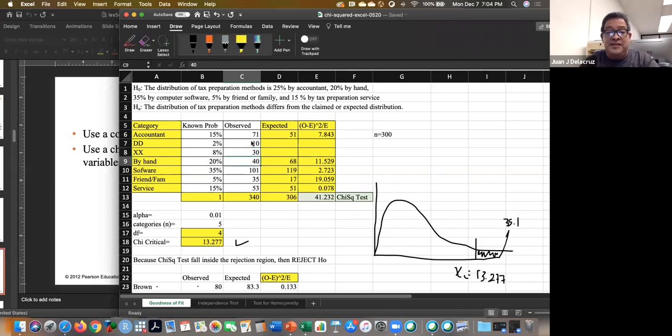So this is fictitious data. What I'm doing is I am using the same scheme to find these values. As you can see, I'm just dragging these cells.